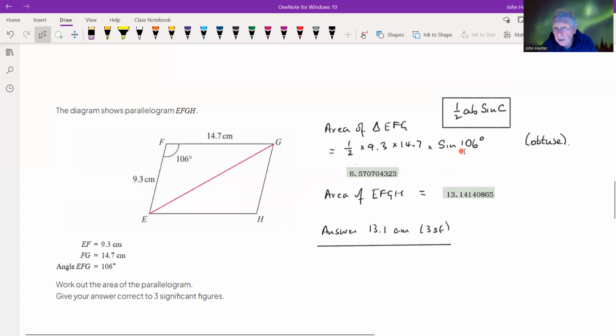So we can just plug sine 106 in there, which is actually the same as sine of 74 degrees.